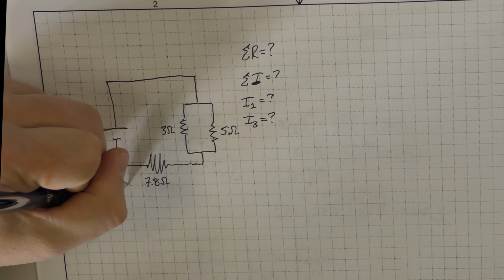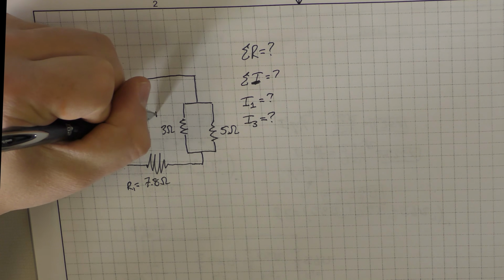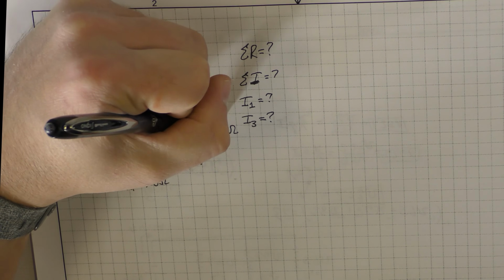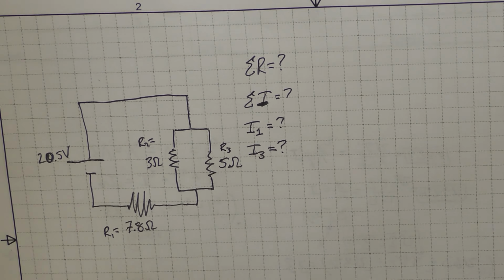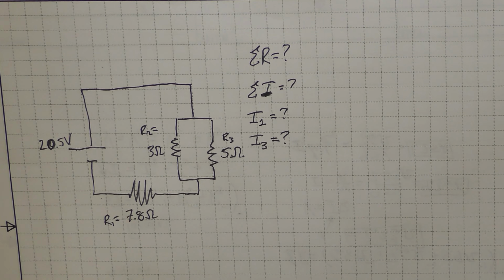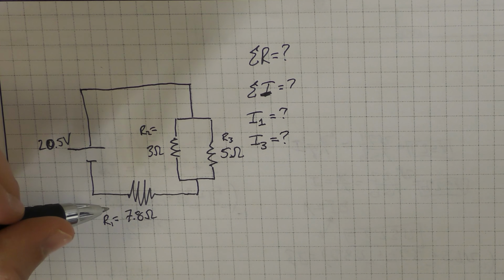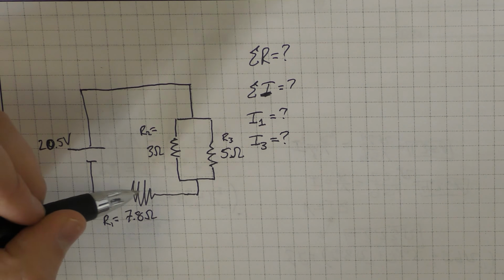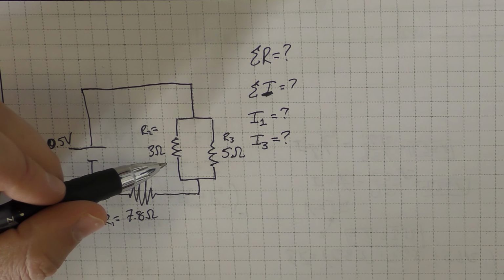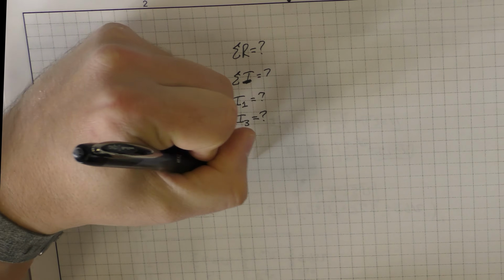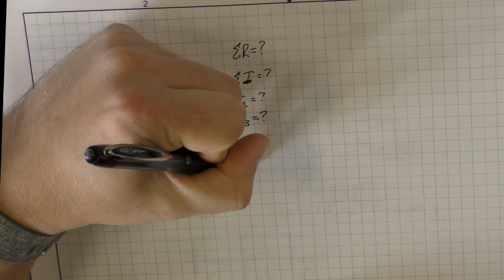Okay, first off, let's say this is R1, let's say this is R2, and let's say this is R3. So this is a much more complicated circuit problem. In this example, we have the 7.8 ohm resistor, which is in series with a parallel branch of 2 resistors. So we will have to use our knowledge of Kirchhoff's rules to evaluate this problem.